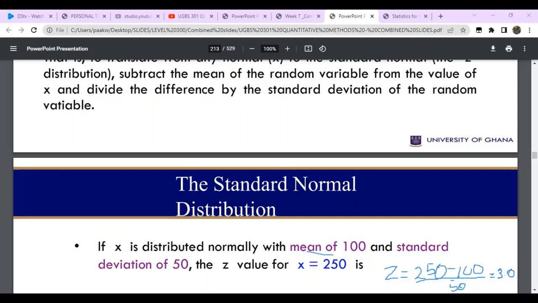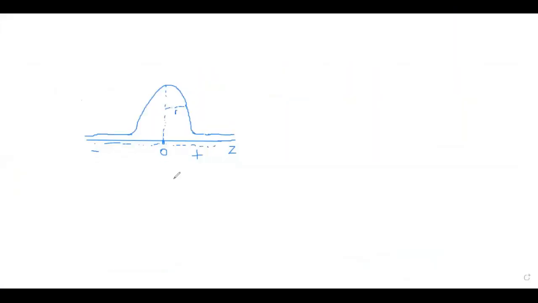So let me illustrate this on the curve. At first, it was given to us in the X values.